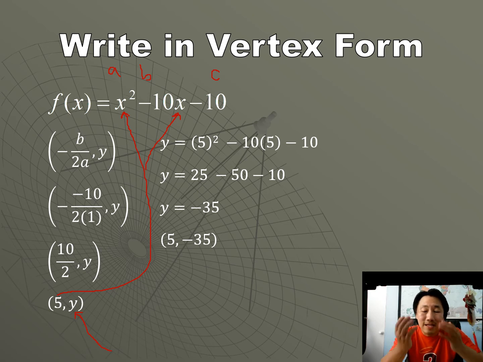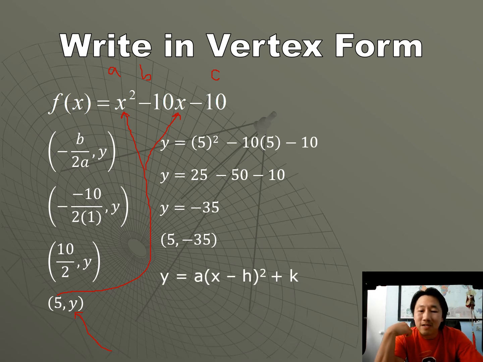All right, so that's the vertex. But now we have to put it in vertex form. That's the original vertex form. Let's plug in everything we know. Our h goes here. Our k goes here. And then our a. How did I get 1 for a?